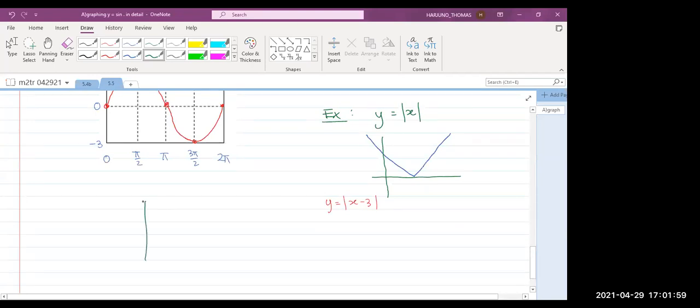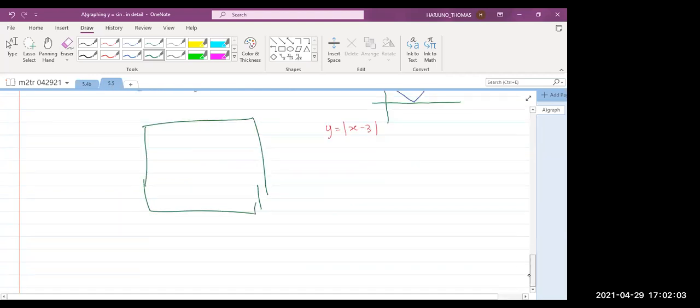Sometimes in class, let's say this is a classroom, and this is the board, and Thomas is standing here writing, and some students, let's say I have a student here, want to see the board, but I happen to block that person's view.